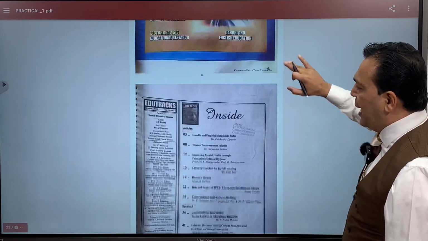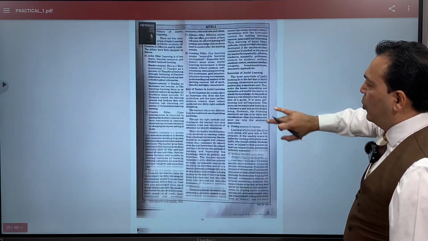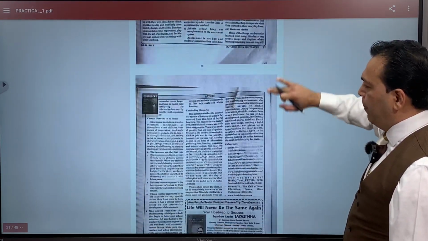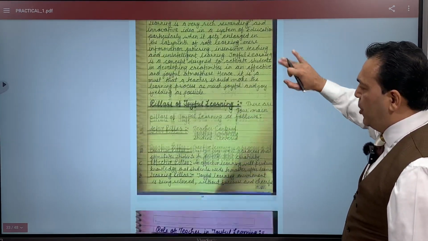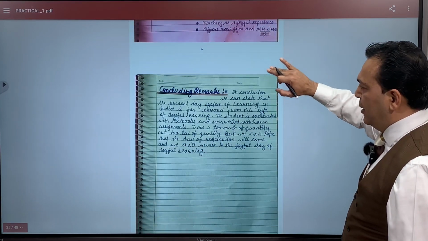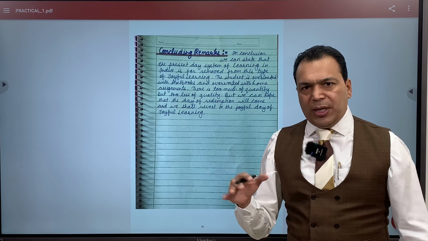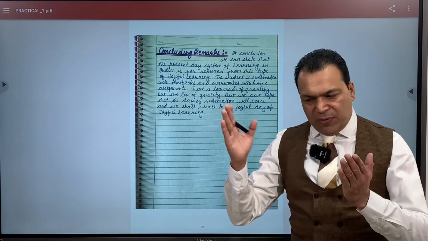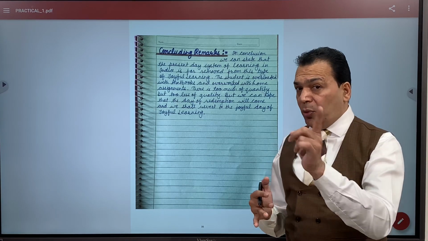Similarly, this guy has taken a second research paper and pasted it here. Okay. And then he has reviewed research article number 2. Right. You can take this sample file from my Telegram channel. Okay. You can take the printout. First you go through the file, then you can start making yours. But you don't have to copy.